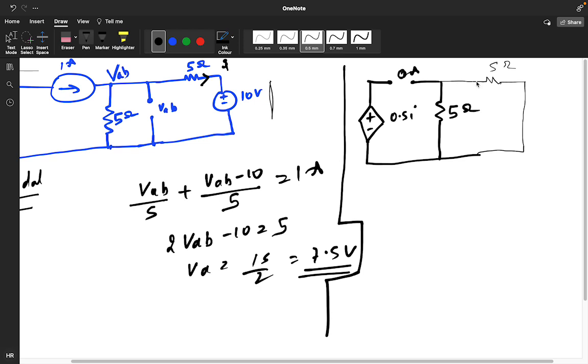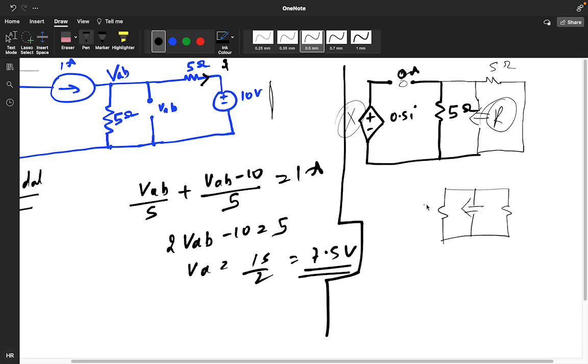Now in between VAB, I have a test source, but this test source is not going to be used because it's only open. You have to see your R value from here. It's already open, so there is no use of this test source, so you are directly getting the value of R between this.